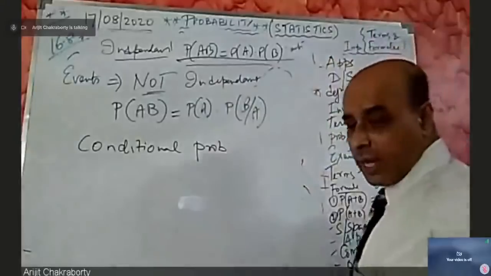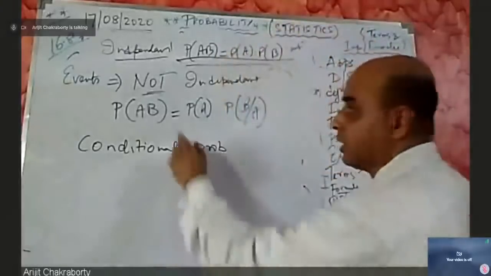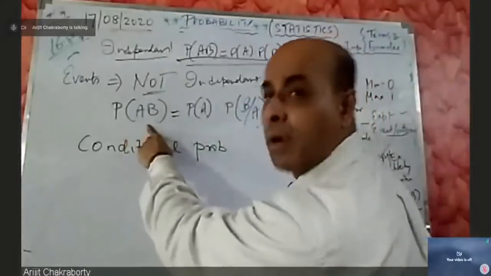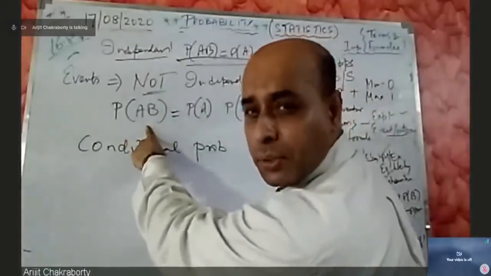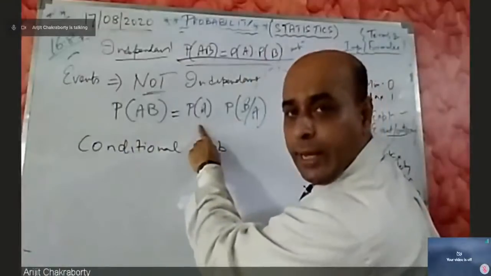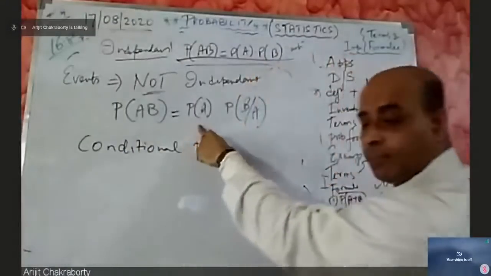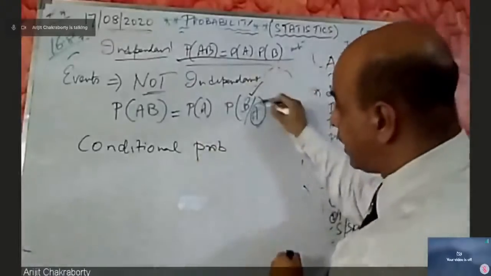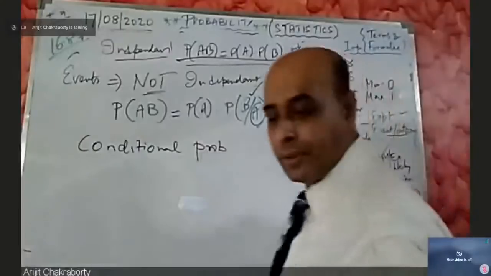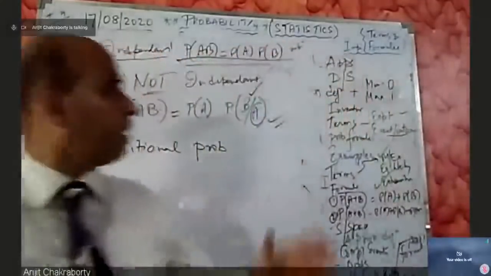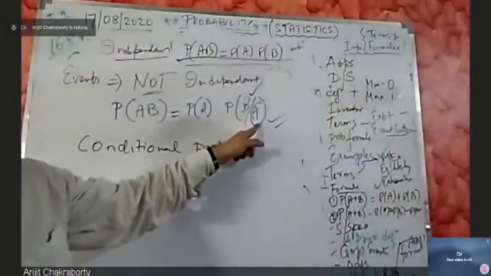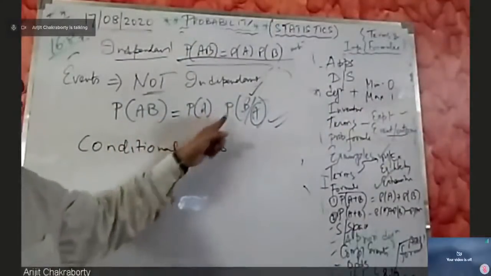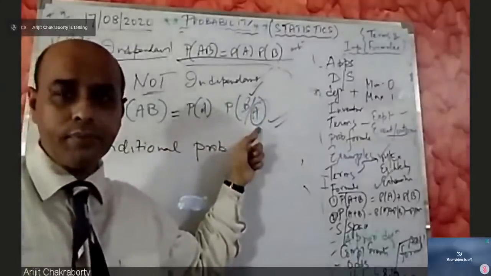We read it like this: the joint probability or compound probability of A and B is equal to the individual probability of A multiplied by the probability of event B, assuming that A has already occurred. That is the conditional probability of B given A has already occurred. So the formula is P(AB) equal to P(A) into P(B/A).